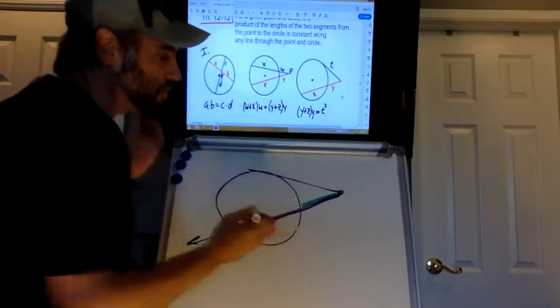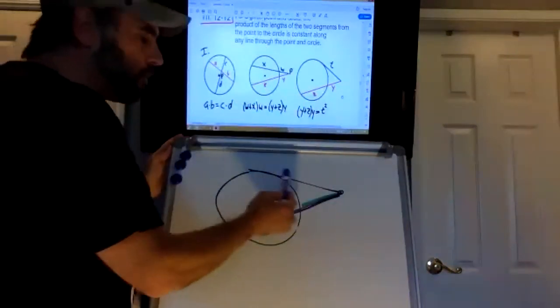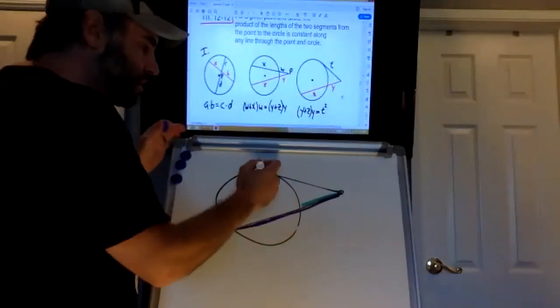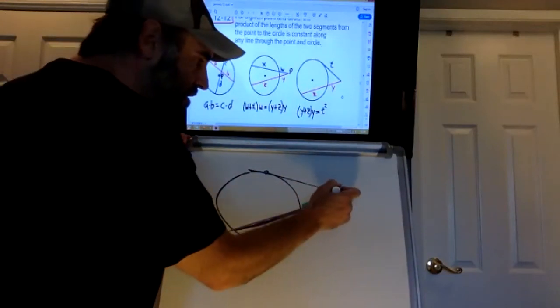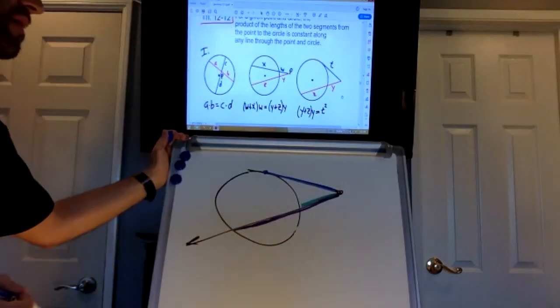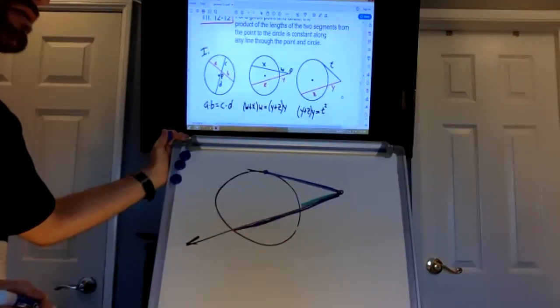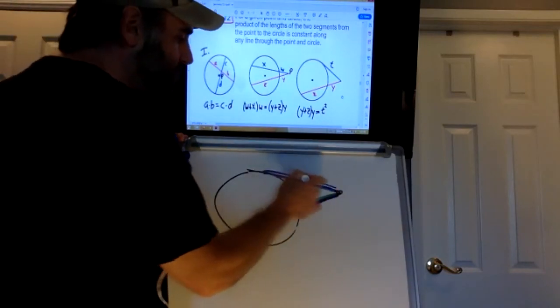Green times purple. And then you say, well, Mr. Rosenthal, you said that there's 2 ways. Well, there's only one way to touch the circle if it's tangent. So what do you do in a relay race when you have one less person? One person has to go twice. So it's blue times blue again.